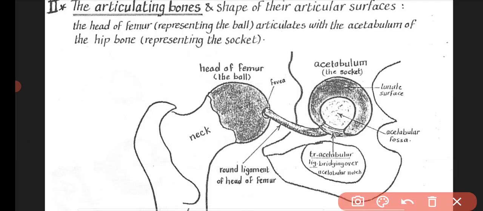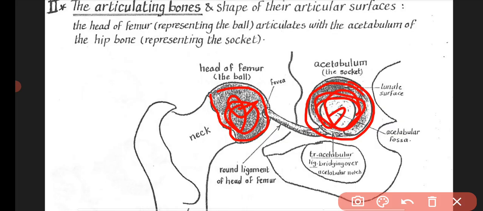This is the head of the femur, which articulates with the acetabular socket. This represents the ball and this represents the socket. That's why it is known as the ball and socket joint.